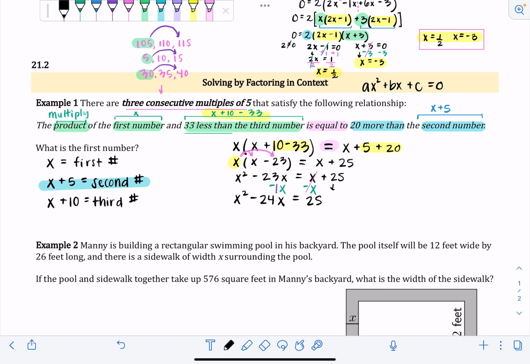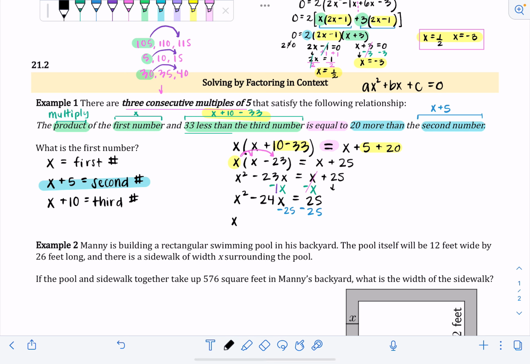And then I still need to get everything on one side of the equal sign and need to have a 0 on the other side. So next I'll have to cancel out this positive 25. To do that, I would subtract 25 from both sides. I don't have any like terms with the 25 over here, so I'm not going to actually subtract it from those. I'm just going to put a minus 25 at the end of them, and then we'll write them all in a line.